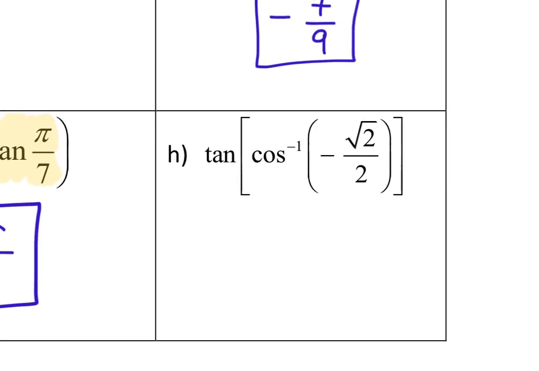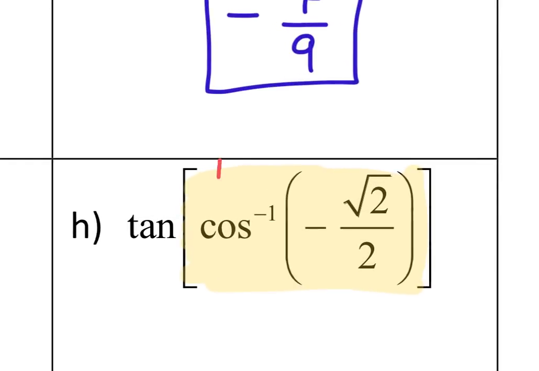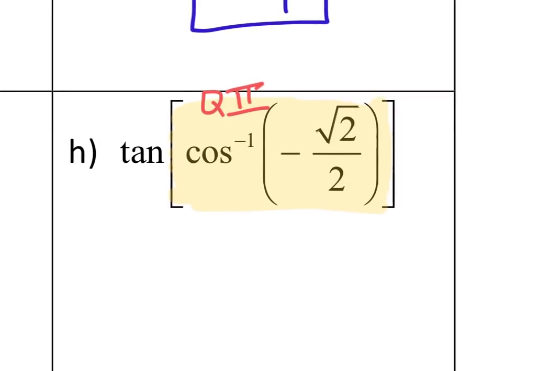Here again we have inverse cosine of a negative input. So your answer just to the inside function is going to be a second quadrant angle. Remember that this is going to be a second quadrant angle, so quadrant 2. If it were positive radical 2 over 2, it would be 45 degrees. 45 in the second quadrant is 135.